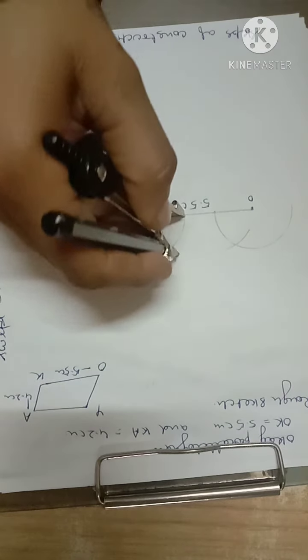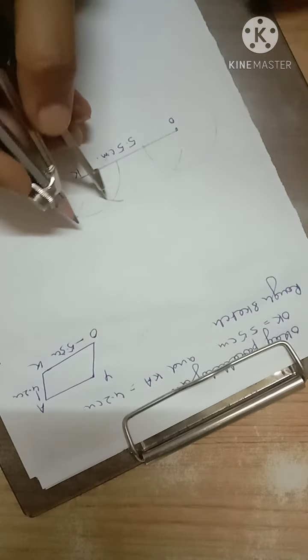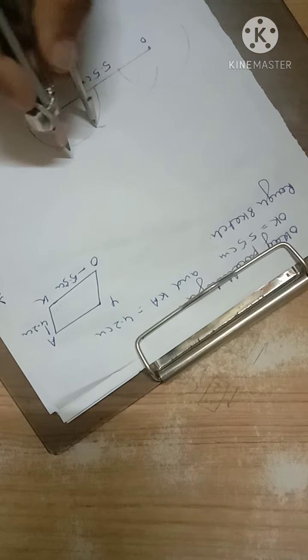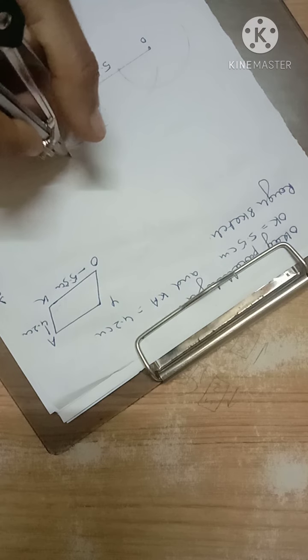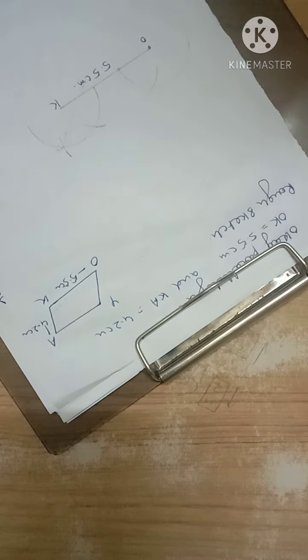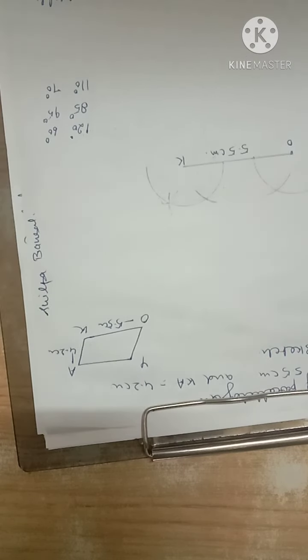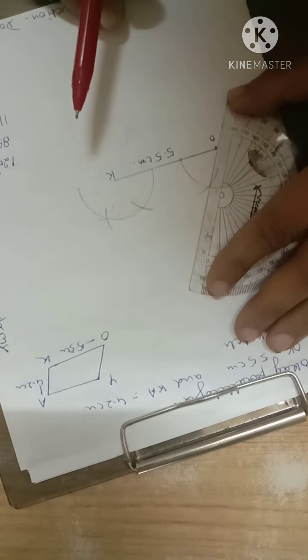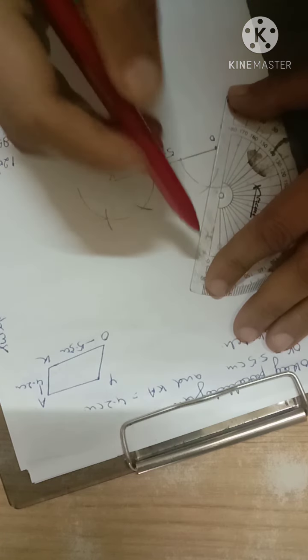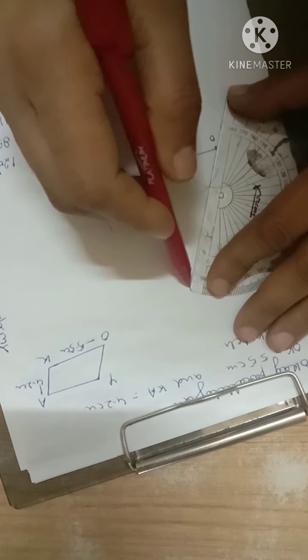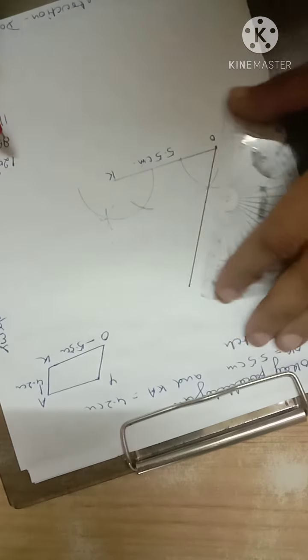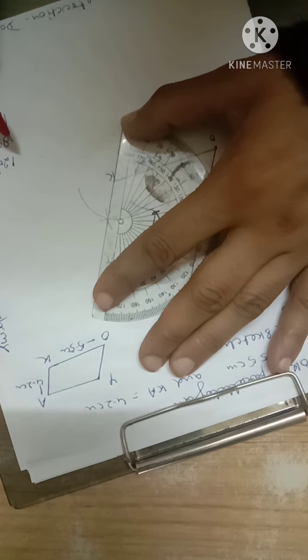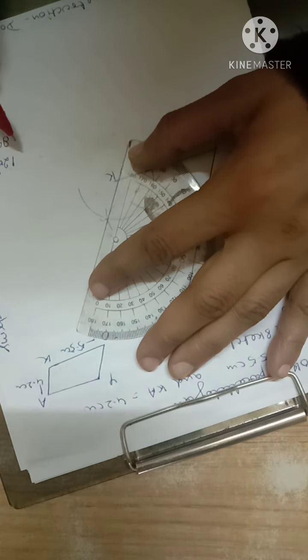At point K, I am going to plot a 120 degree angle. Due to space, I am not plotting the 120 degree angle at point O. Then pass the lines, from the 60 degree and from the 120.